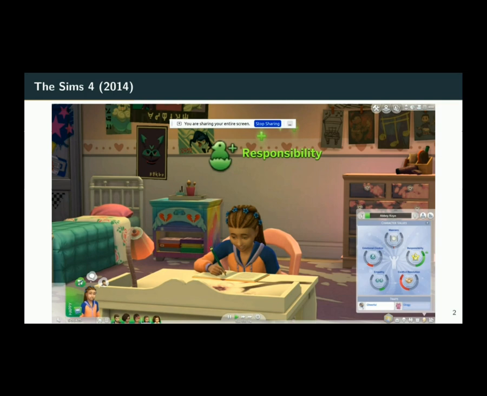For example, you are a kid, so you might assume that all the key character values are low, and you want to increase some of these. One way is to enact some of the actions that the game provides you, to increase, for example, responsibility. And in here you have a good mixture of everything, like internal state representation and positive feedback.